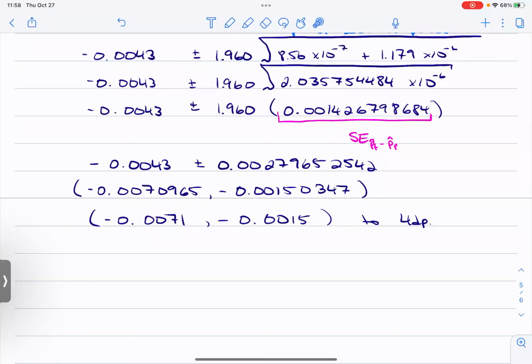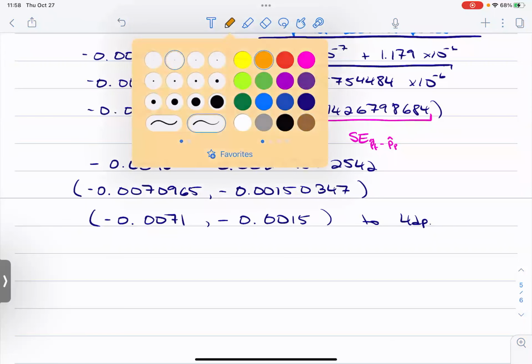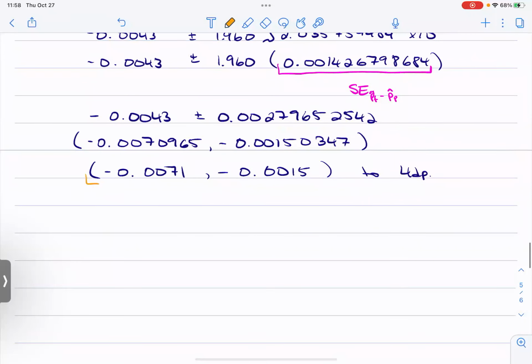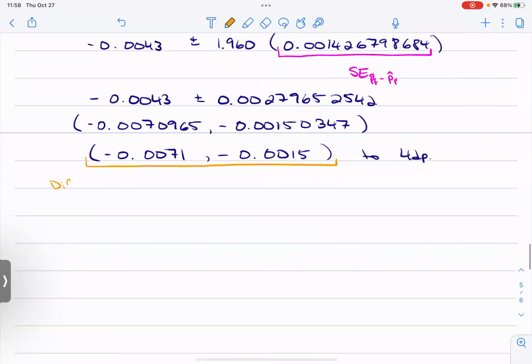So just kind of check yourself. This is a confidence interval for the difference in proportions.